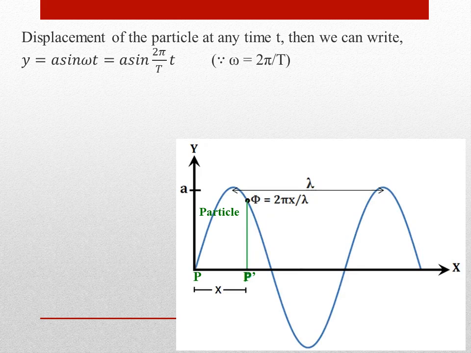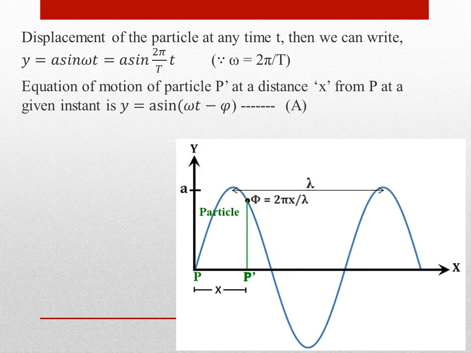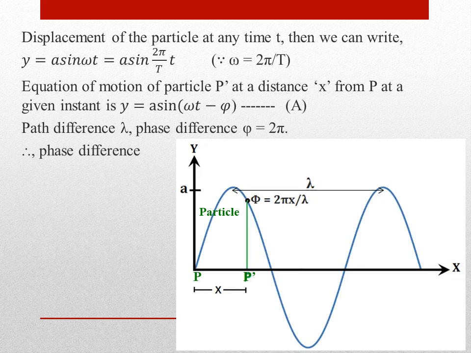The equation of motion of the particle P prime at a distance x from P at a given instant is represented by y = a sin (omega t minus phi), where phi is the phase difference between the two particles P and P prime. If the two particles are separated by a distance lambda, they will have a phase difference of 2 pi. Thus, the phase difference between P and P prime will be 2 pi by lambda into x.